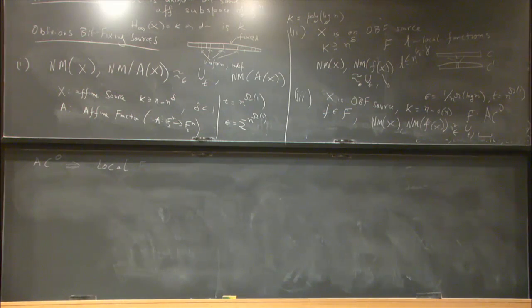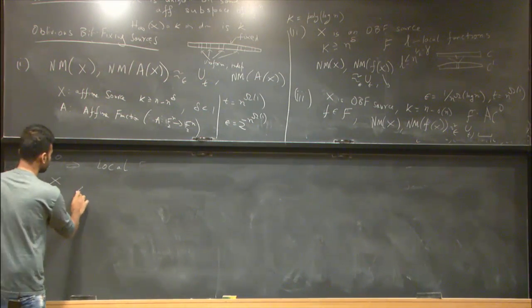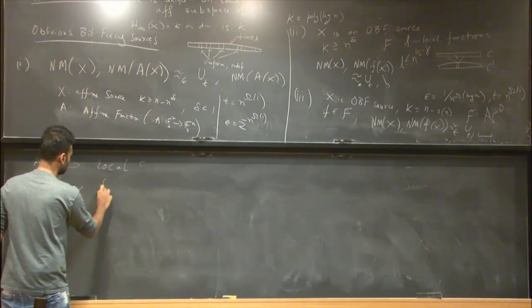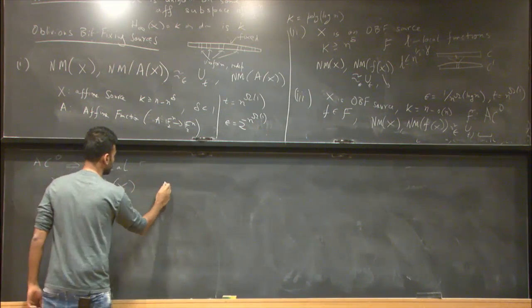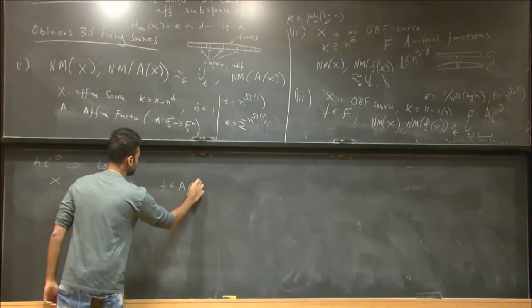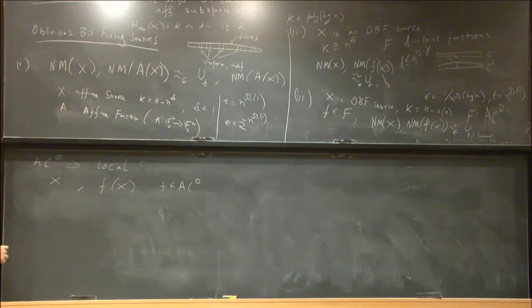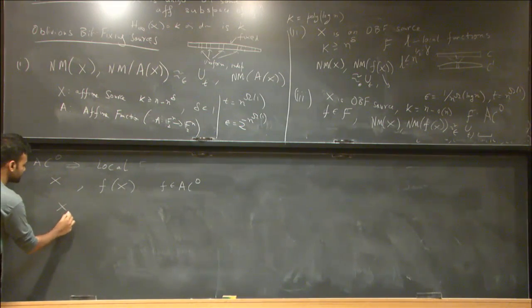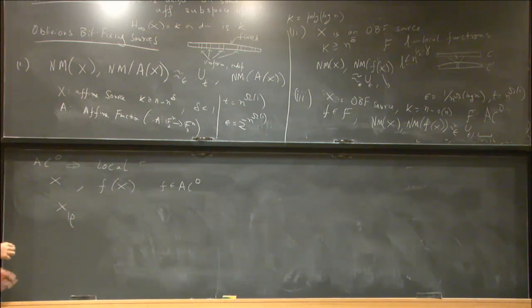So AC0 to local: you have a source X and F is an AC0 function. By the switching lemma, we apply a random restriction on the source.